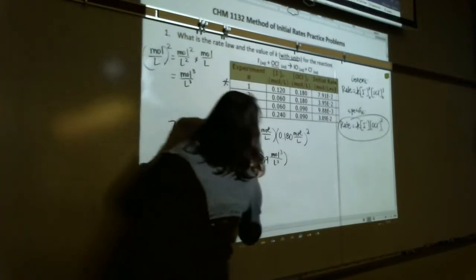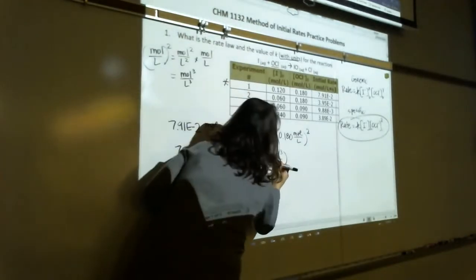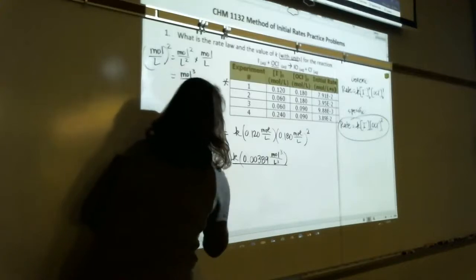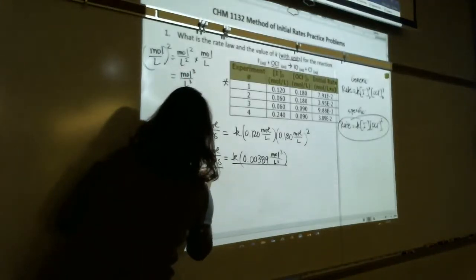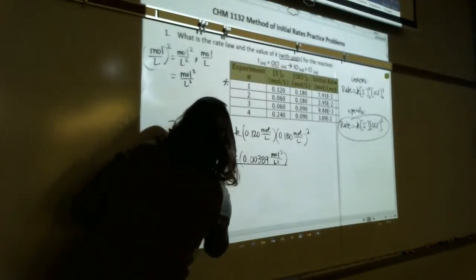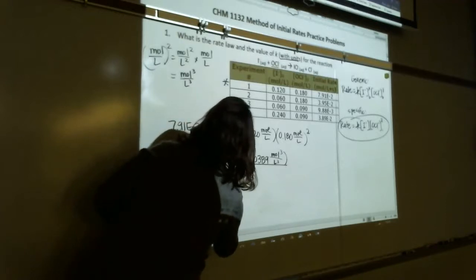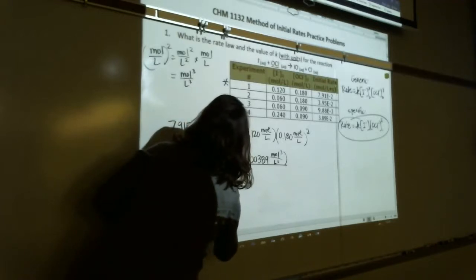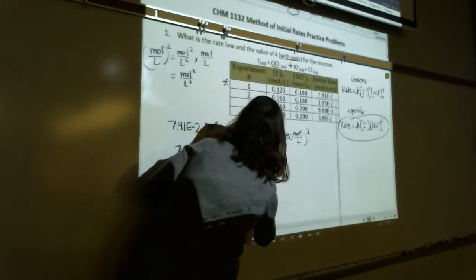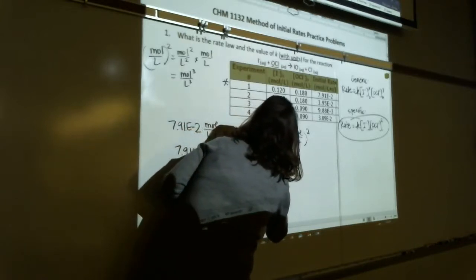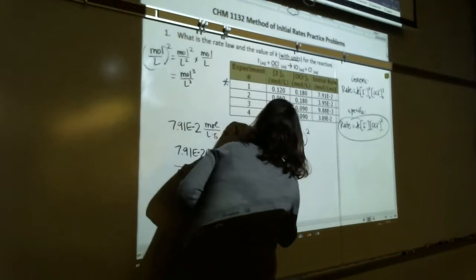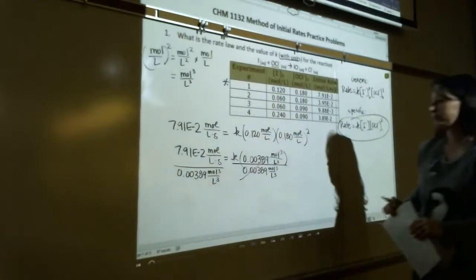So how do I get K by itself? Just divide both sides by this quantity. Divide both sides by 0.00389 moles cubed per liter cubed. All right, so that goes away.